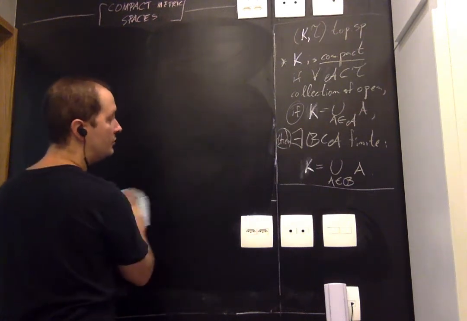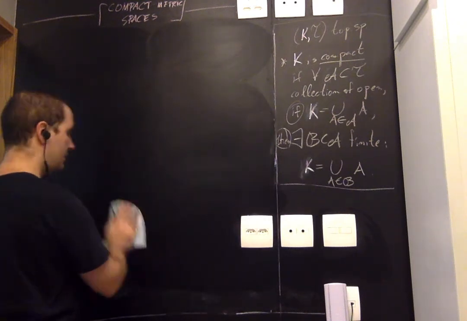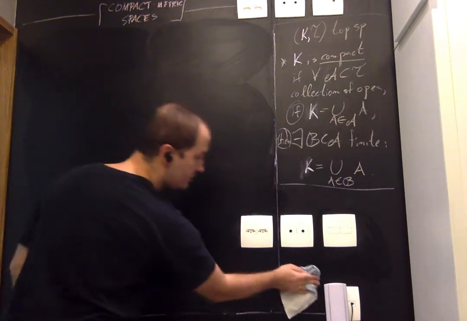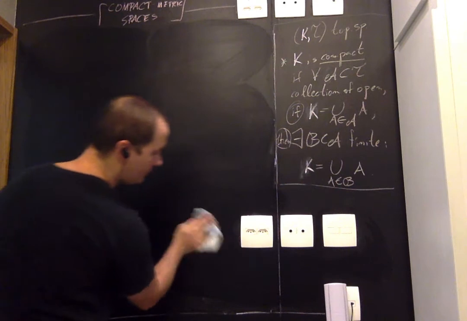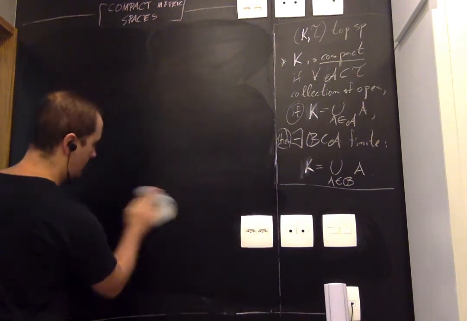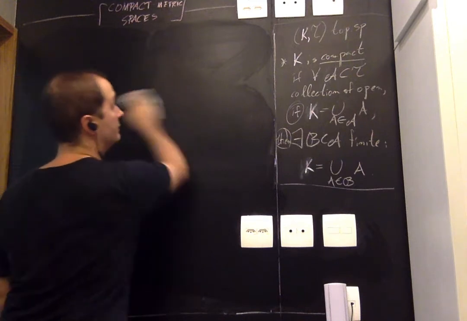Now what you have to do to finish the proof is take a convergent subsequence of that sequence and show that the limit of that subsequence achieves the infimum. And the same thing for the supremum. So I'm just going to do one of these things.